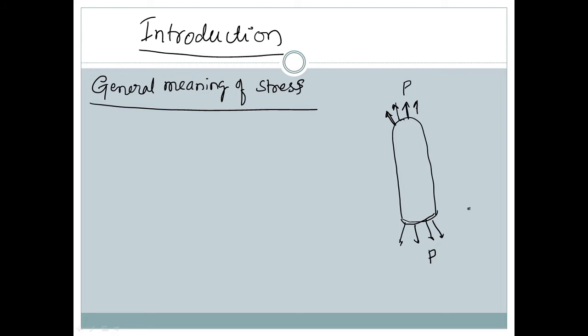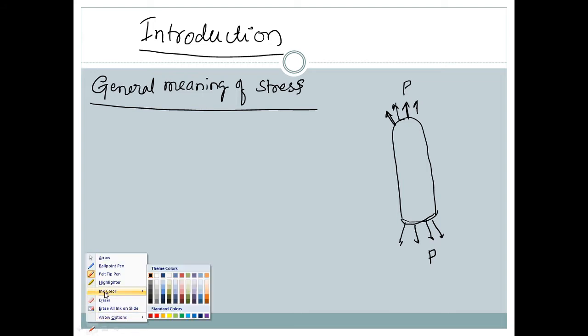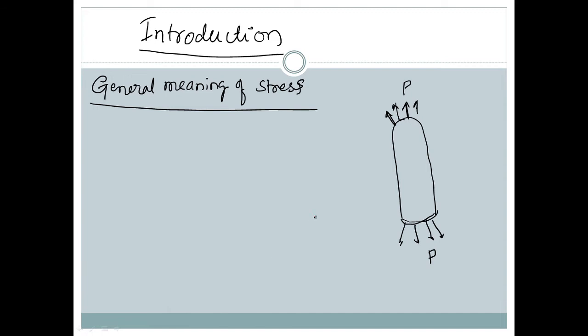So now what happens to the member? Can someone say? What happens to the member? Whether the member remains the same if you apply the load, or it is going to make changes. Whether it remains the same, or the shape is going to change.